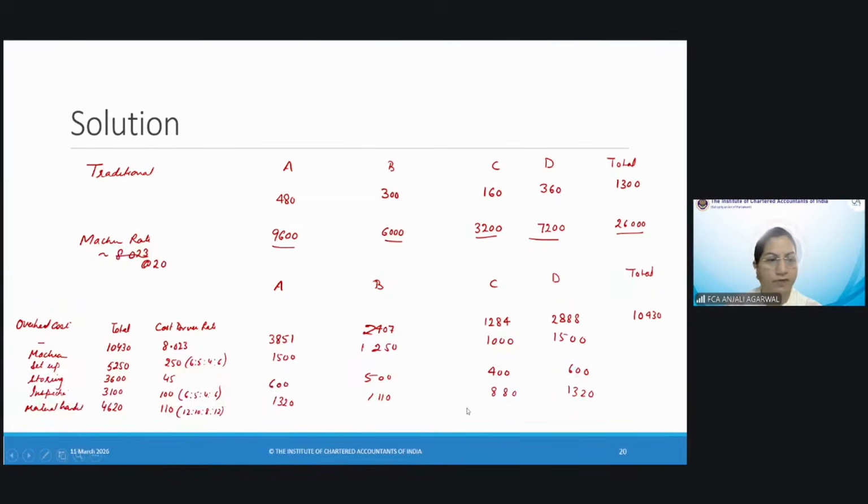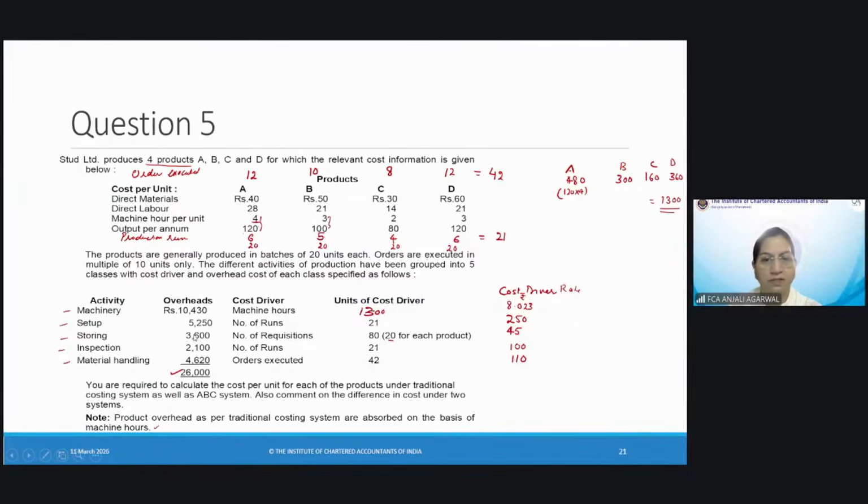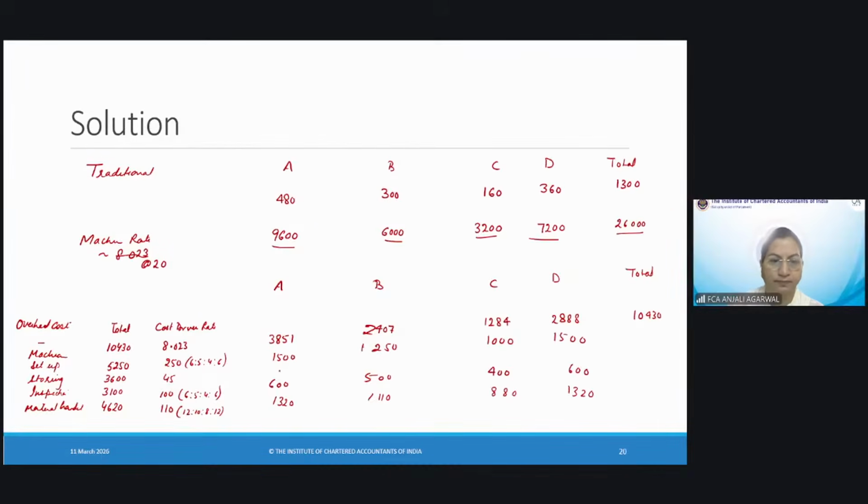Storing is left. Storing is 20 into 45, 900 for each product. So this is how you will get the total. And this total will be different from your 9600, which you have got here.